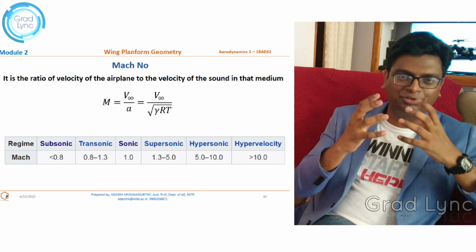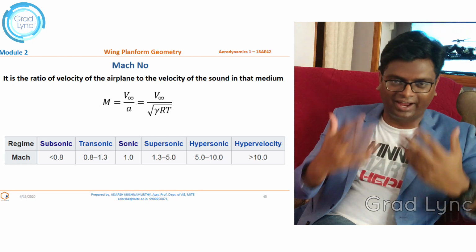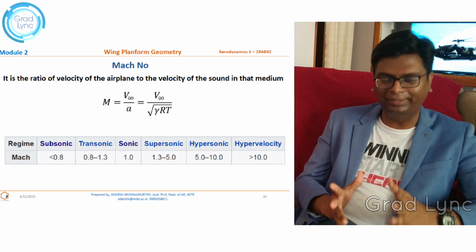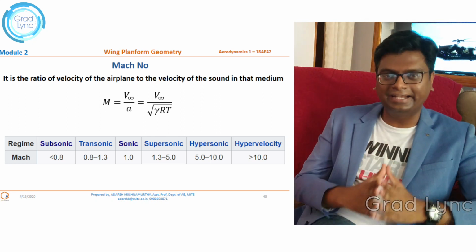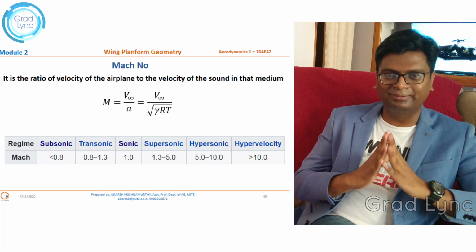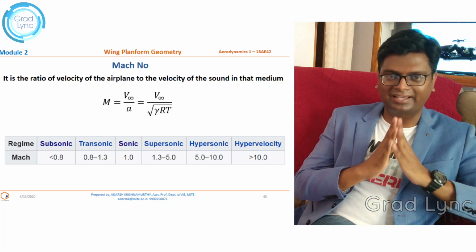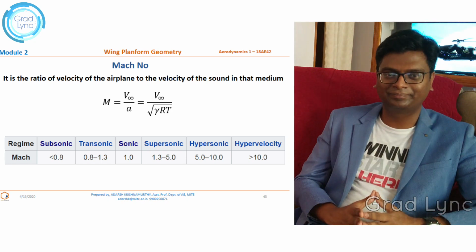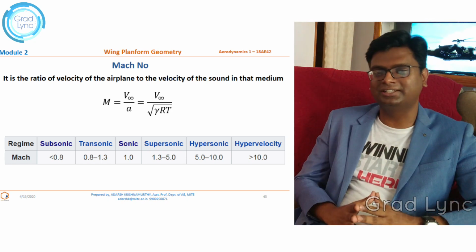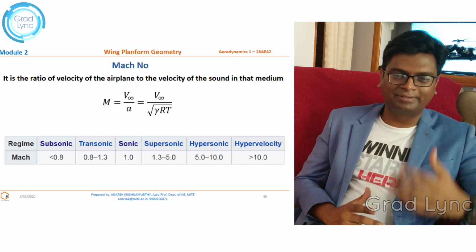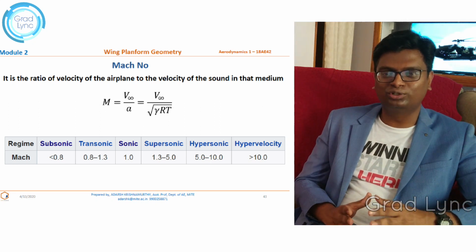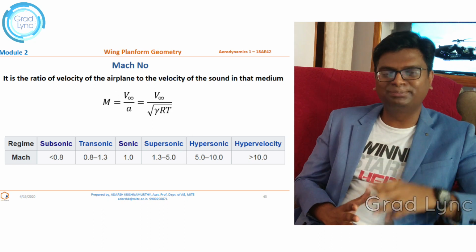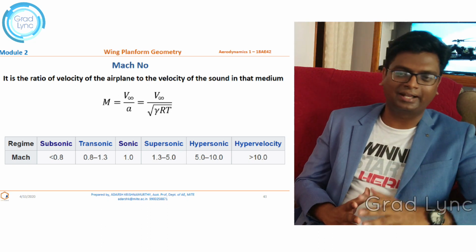Just to give you a rough idea of what this Mach number range means, for the Airbus A380, the maximum cruise Mach number is 0.96. Imagine that: the Airbus A380 can move at 96% of the speed of sound in that environment.